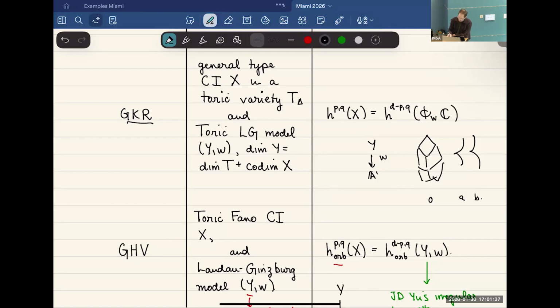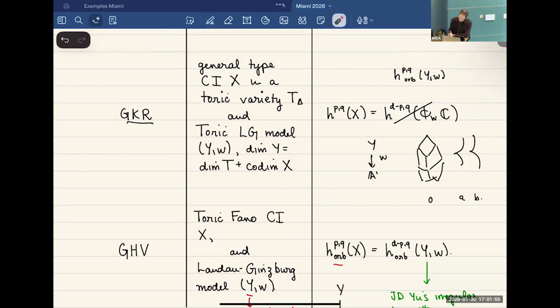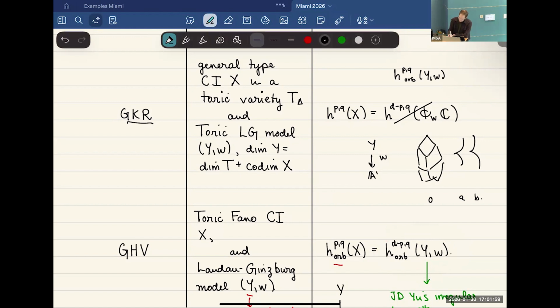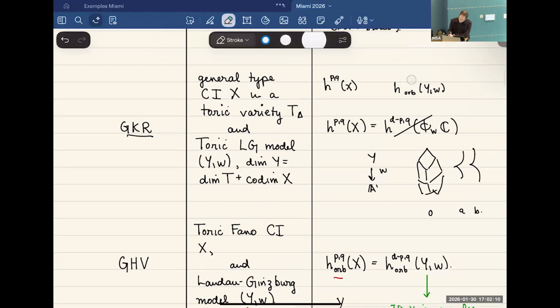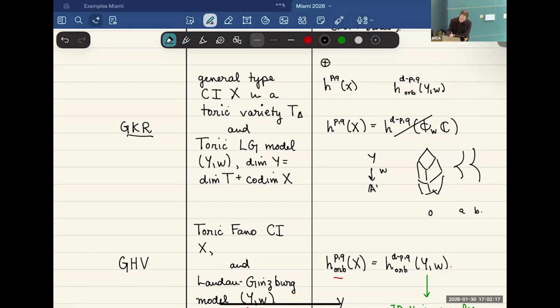What we're able to prove is that if instead of this, you take the HPQ orbifold YW, so just the same objects that appear in the statement below, then these Hodge numbers give you the cohomology of HPQ of X. This is equal to that, and so I should say D minus P, Q. And then I add to this a collection of copies, twisted, shifted by some rational number, of HP plus alpha, Q plus alpha of the ambient toric variety T delta.